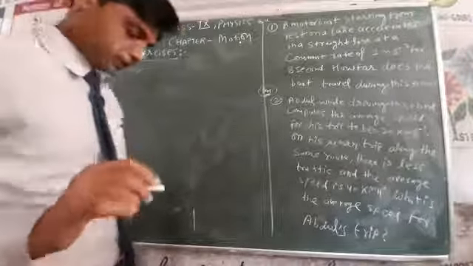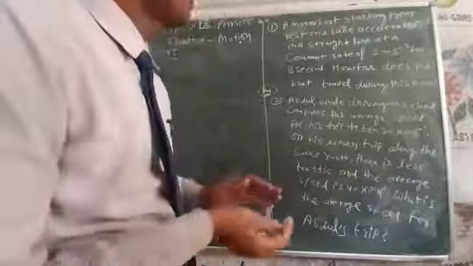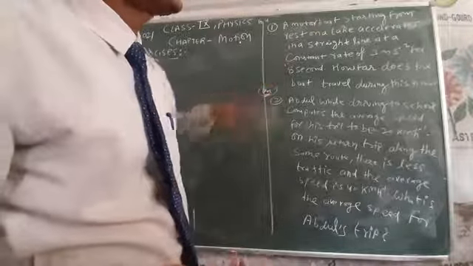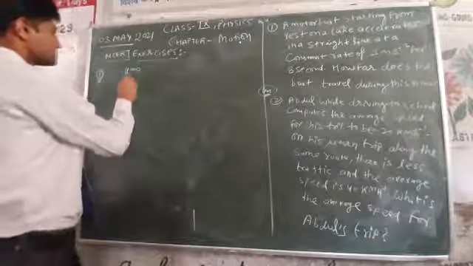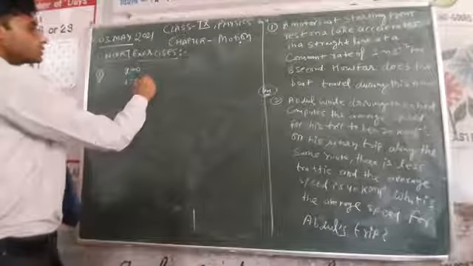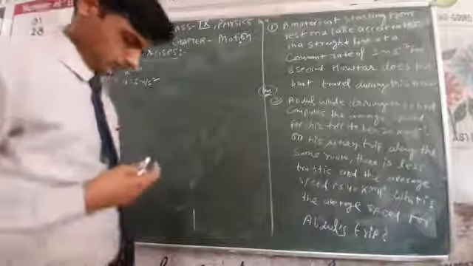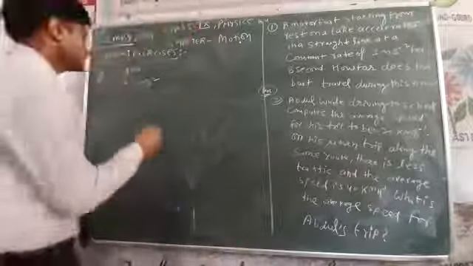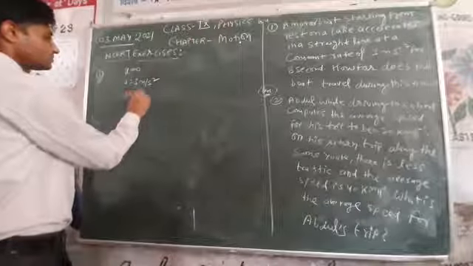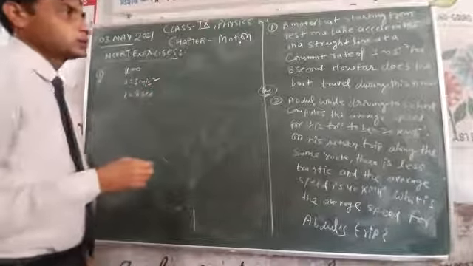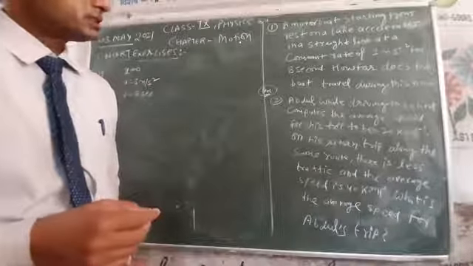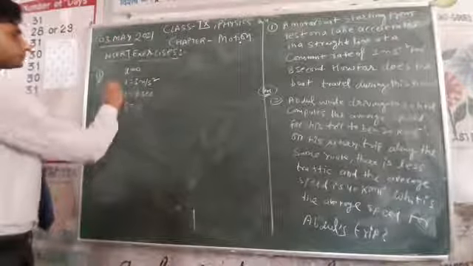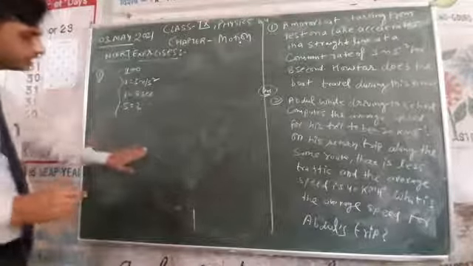The initial speed of the boat is 0, the acceleration is 3 meters per second square, and time is 8 seconds. You have to find how far, meaning the distance s.